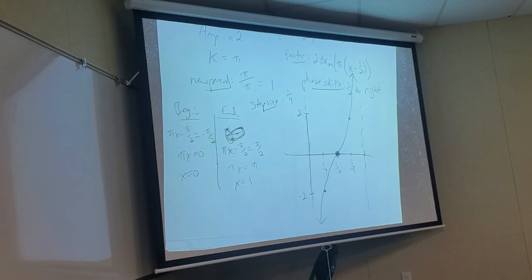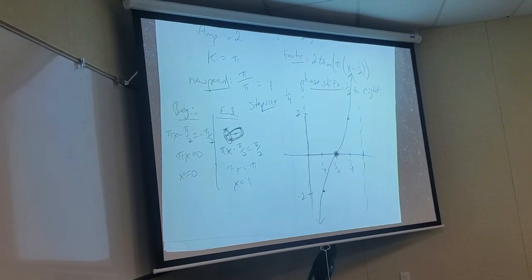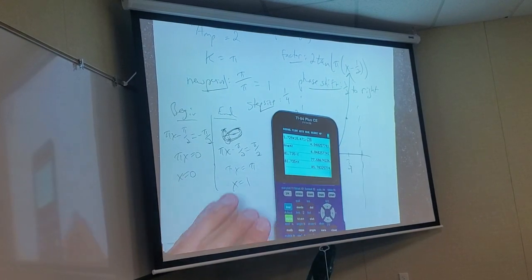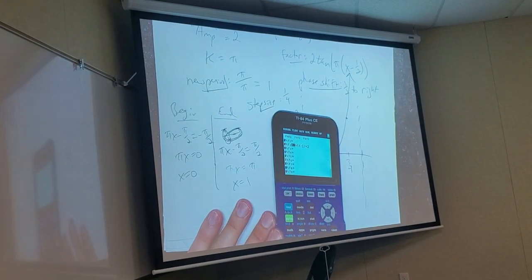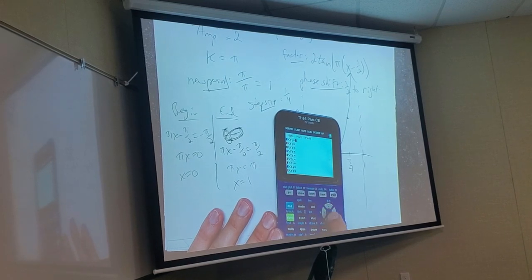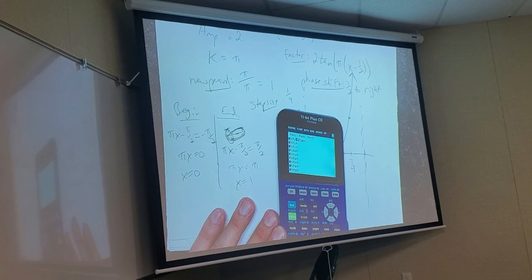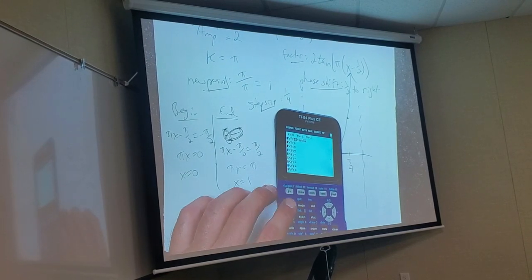Let's see, real quick. Don't worry, just watch. You don't need a calculator, but just plug this in the calculator. What do you think I have to be careful about as I do this?